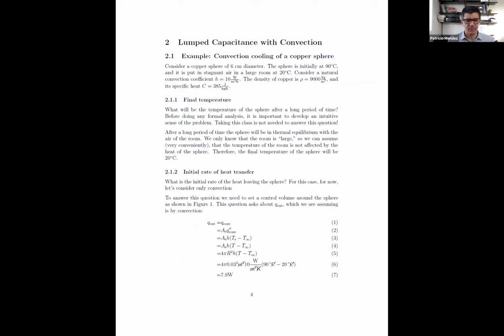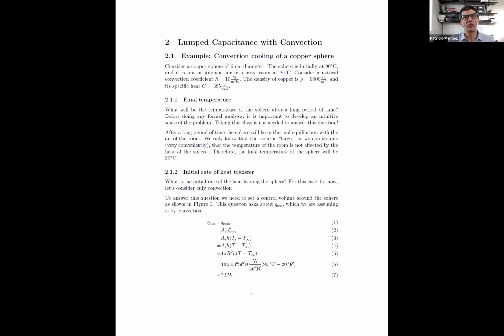So we looked at an example of a copper sphere and some things that we typically know in lumped capacitance problems. Number one, we typically know the starting temperature. And if we don't, now that we know the equations, we could solve for it. But let's say in this case of the copper sphere, we know it.